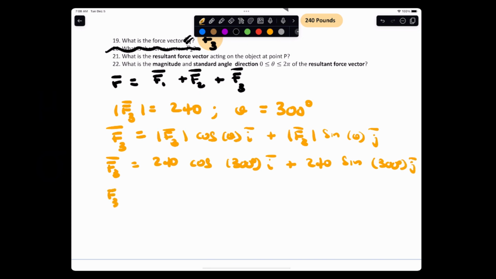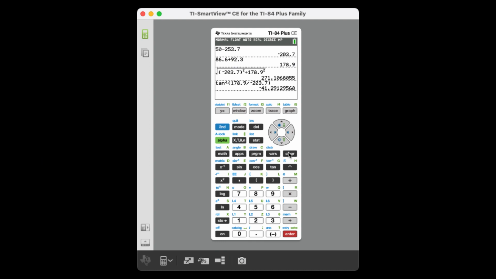What's that third vector? 240 cosine what? 300. 240 sine what? 300. So you're going to get the following: 120i minus 207.8 what? j.